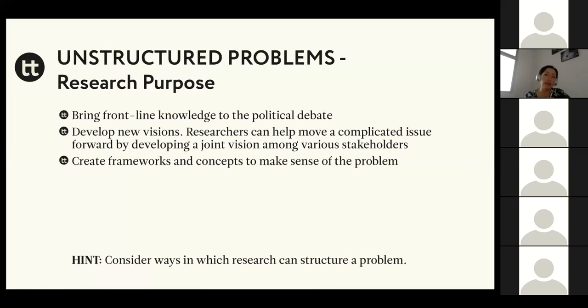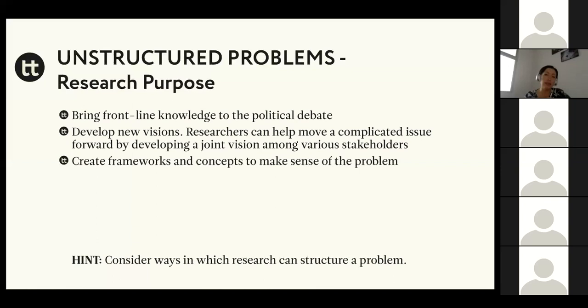It can also be used to create frameworks and concepts to make sense of the problem. So when we're thinking, for example, around the problem of climate change, someone, after reviewing the problem, came up with these categories of understanding what has to be done around the problem that we hear about very frequently now, which is that policies to mitigate climate change and the policies to adapt to climate change.